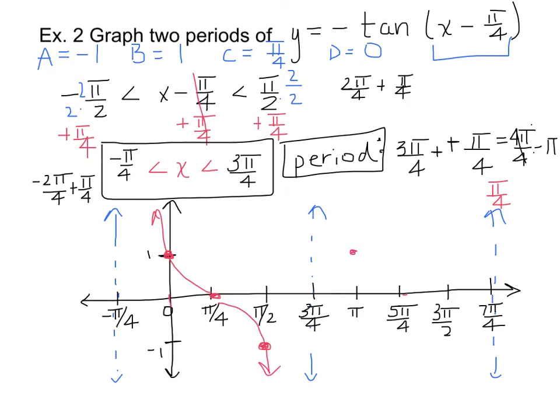Positive A, 0, negative A. Okay? So this is a negative tangent graph. And what's interesting is negative tangent is actually cotangent. So this graph is the same as how it's going to look when we graph the cotangent graph.